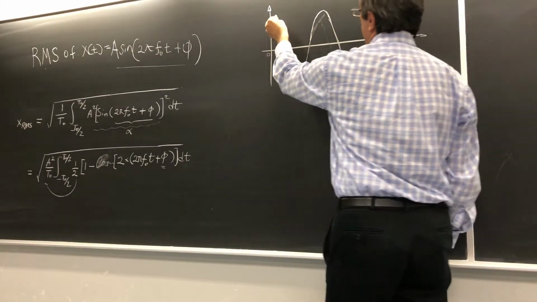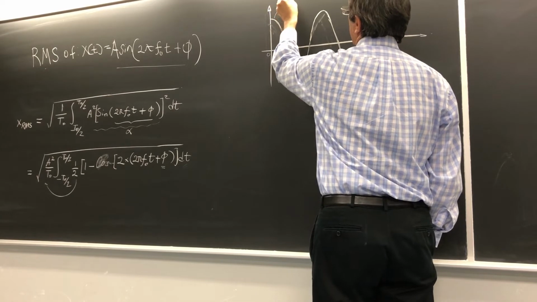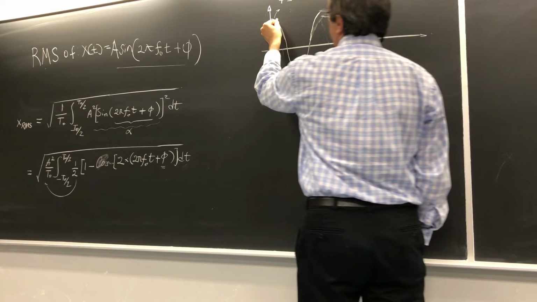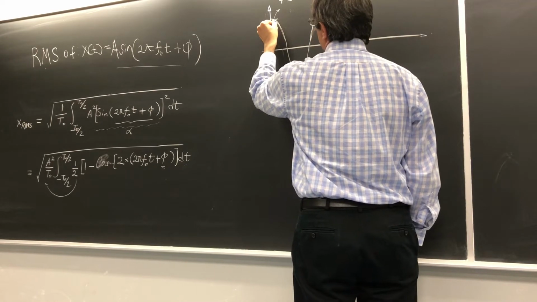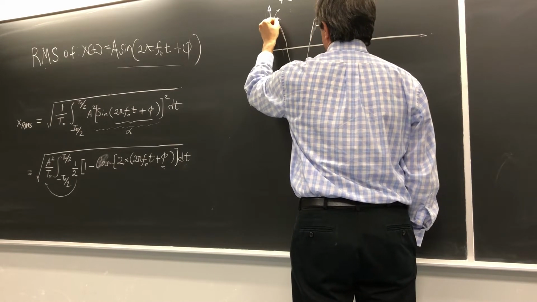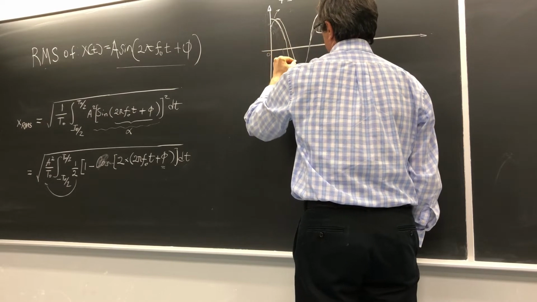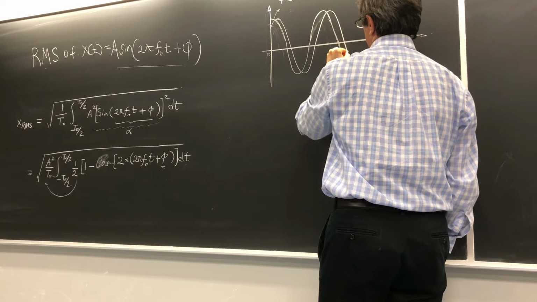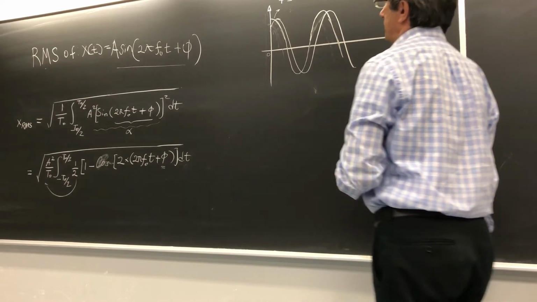So this is the situation with phi equals 0. Now if phi is a non-zero constant, we have something like this, right?